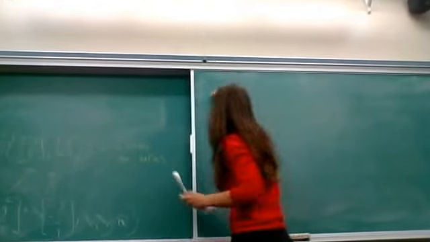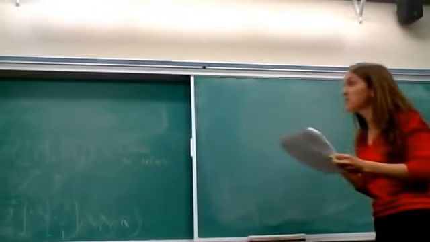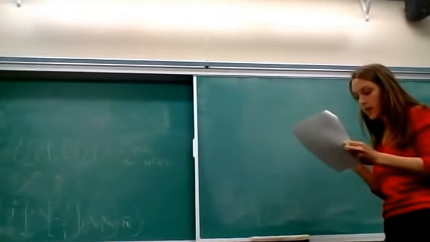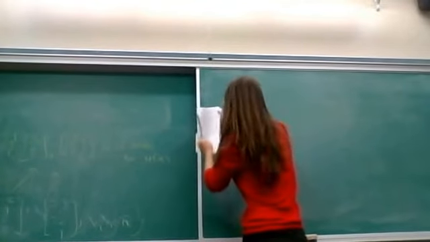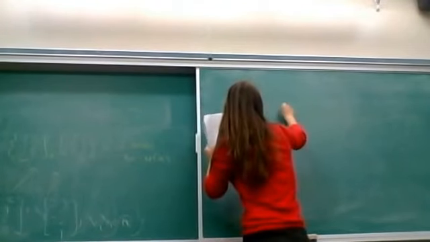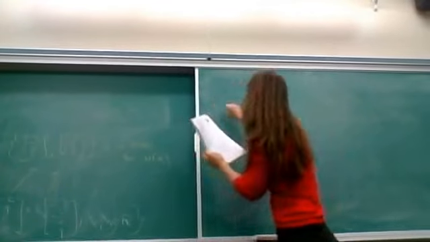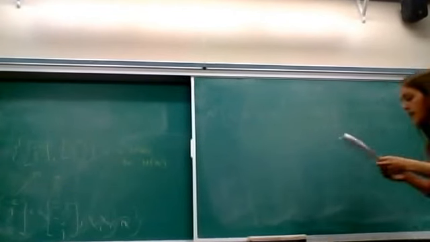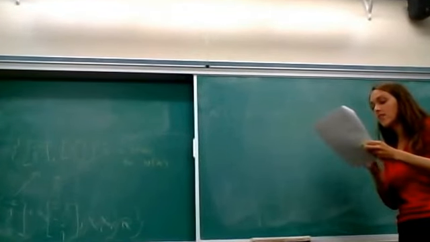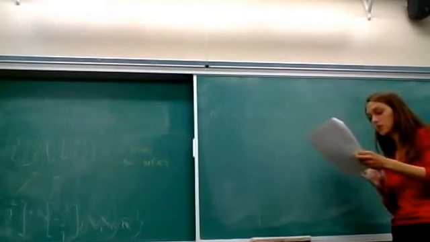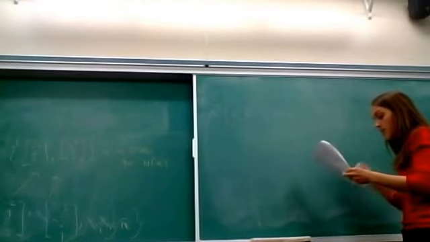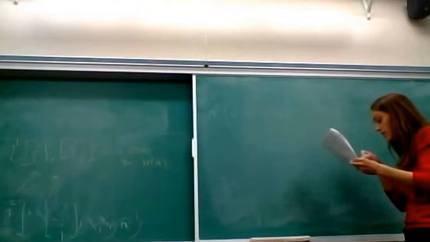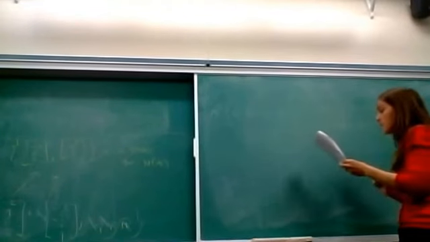So part B says, consider the column space of this matrix. If the columns of A are V1, V2, V3, V4, we don't know what V1, V2, V3, V4 are. We just know that they are some vectors in R3. Then it says, circle all the sets of vectors below which give a basis for the column space of A. In other words, we are asking for which of the following sets the vectors span the column space and are independent.